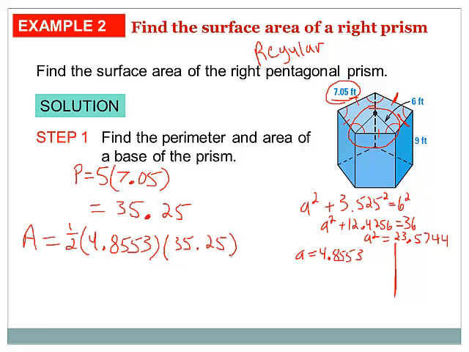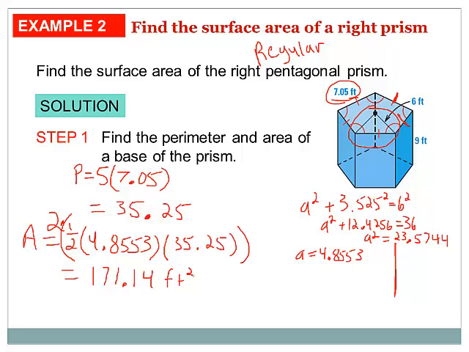And when I multiply this together, I need to remember that I have 2 bases, so I need to multiply this by 2. So your final answer for the area of your polygon should be 171.14, and that's feet squared.